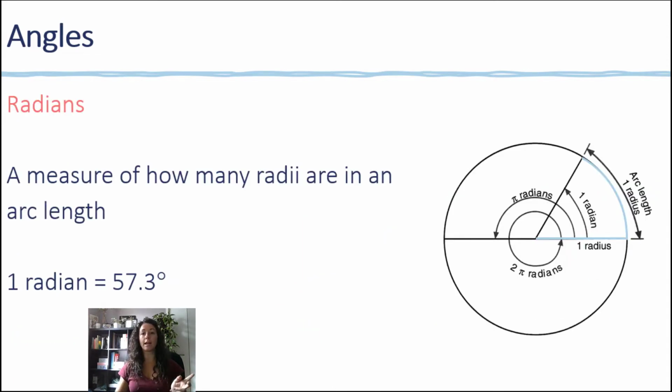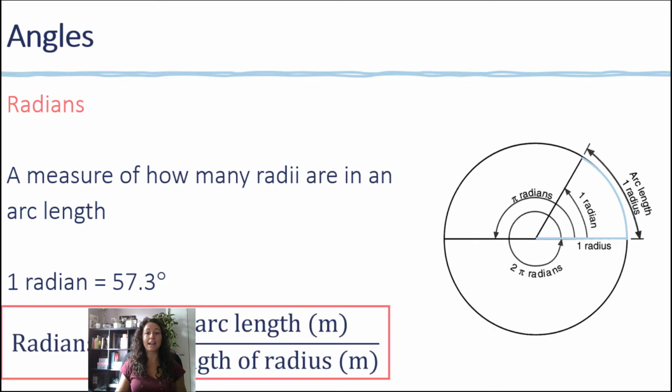So first we have radians. A radian is a measure of how many radii are in an arc length. And 1 radian is equivalent to 57.3 degrees. That is another magic number that you'll want to remember. And to calculate a radian, you divide the arc length by the length of the radius.